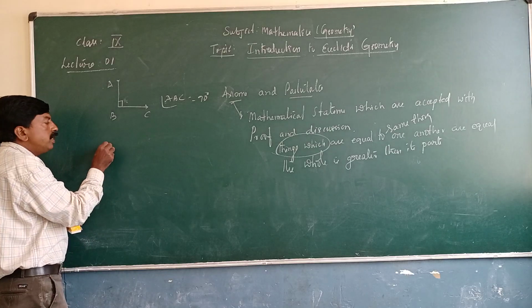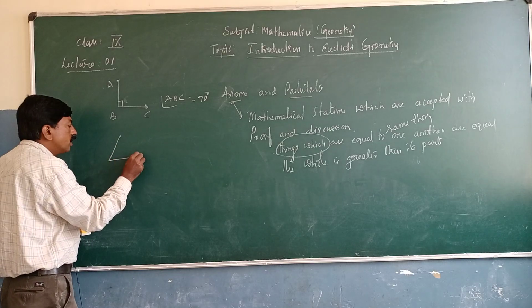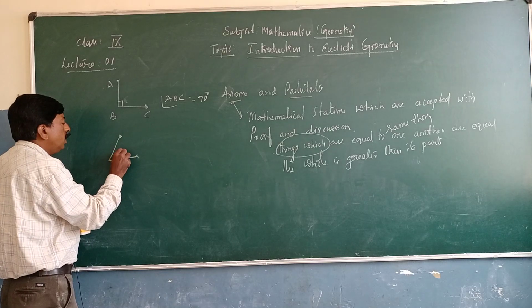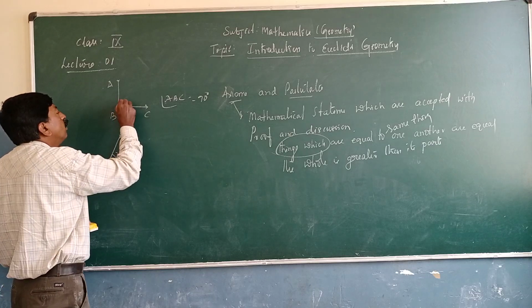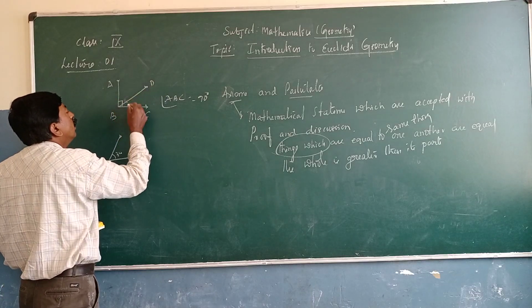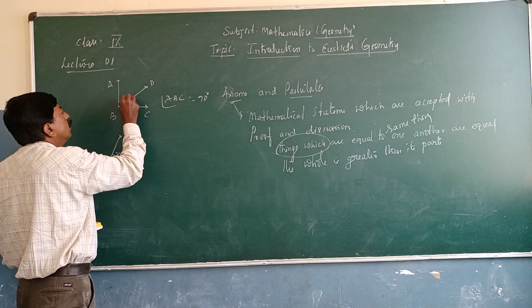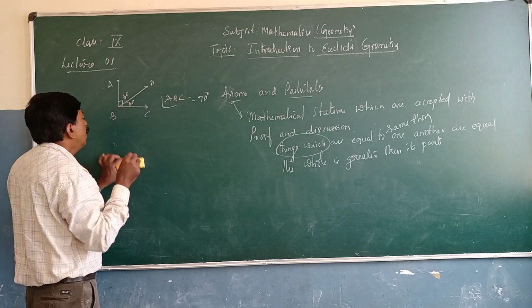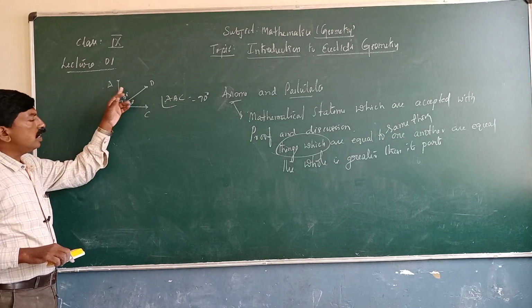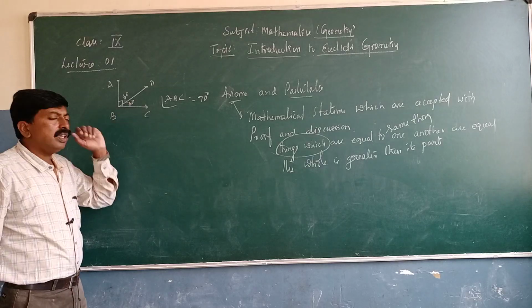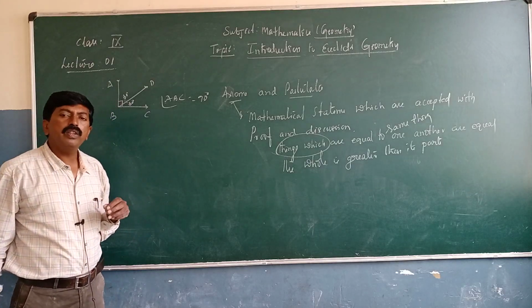Divide this angle ABC into one part of 30 degrees, and we can mark here D. This is 30 degrees, this is 60 degrees. Now observe, 60 is less than 90 and 30 is less than 90.